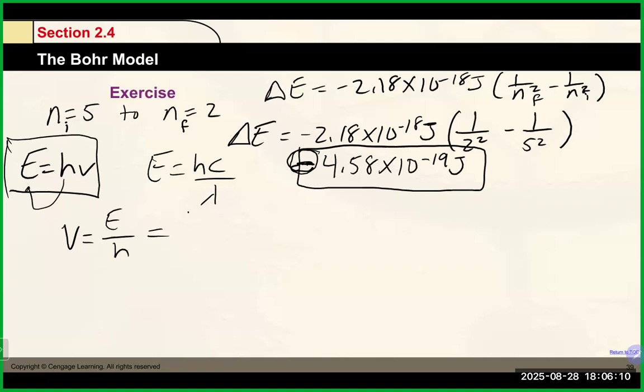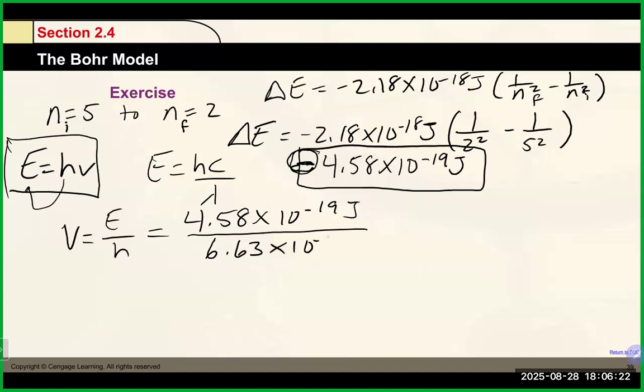You should not end up with a negative frequency or wavelength. It'll still be the same number, whichever number you're rolling with out there in the audience, however you rounded it. So we'll take that divided by Planck's constant, 6.626 times 10 to the minus 34 joules times seconds. When you do that, the joules are going to cancel out, and that's going to leave you reciprocal seconds, which is a unit of frequency.